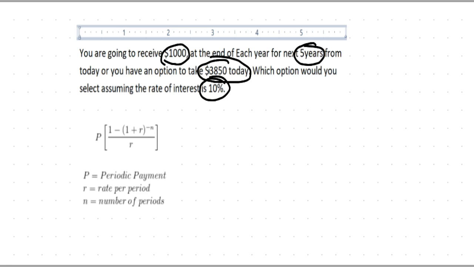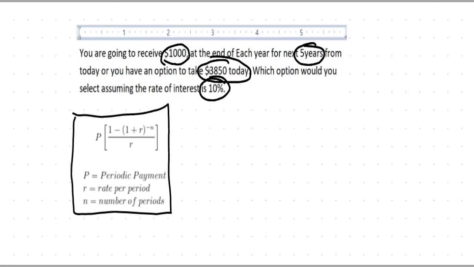To calculate the present value of this annuity, you can use this formula, where the present value is equal to P into (1 minus (1 plus R) to the power minus N) divided by R, where P is the periodic payment, R is the rate per period, or the rate of interest or the rate of return, and N is the number of periods.